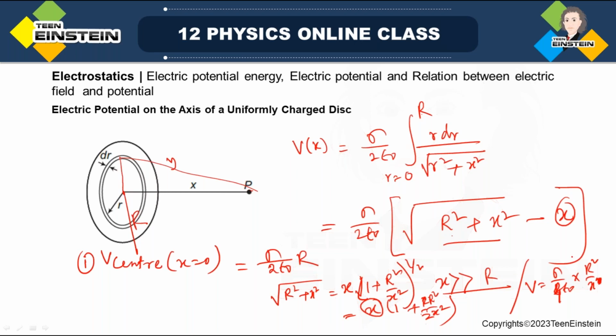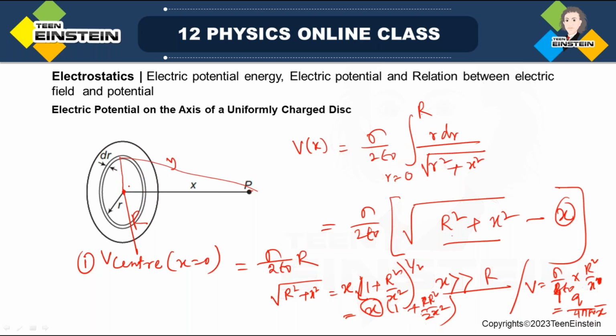If we multiply by pi, pi R square means the area of the disk, so it will be Q by 4 pi epsilon naught x. So this is like a point charge. At very far distance from the disk, the electric potential at an axial point will be just like a point charge. That means the whole disk has its charge concentrated at the center.